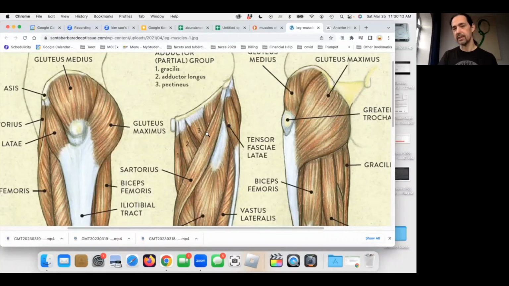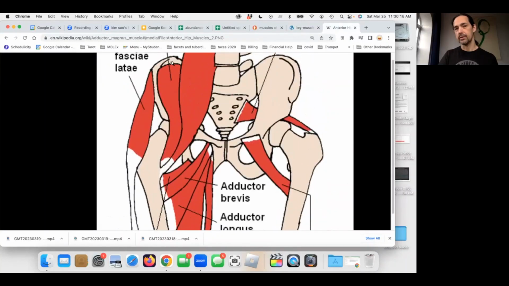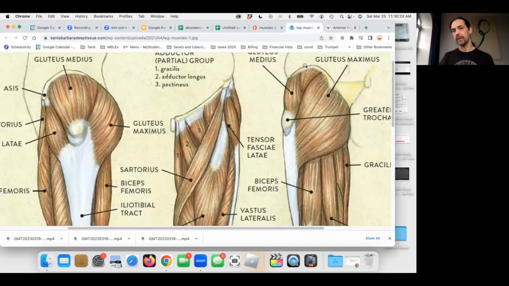Is that unclear to anybody? So here's the front of the pelvis, the ilium, and then here's the back of the pelvis, the ischium. If that is unclear, you can touch your ASIS and then touch your sit bone, and you should be able to visualize pretty easily that way.